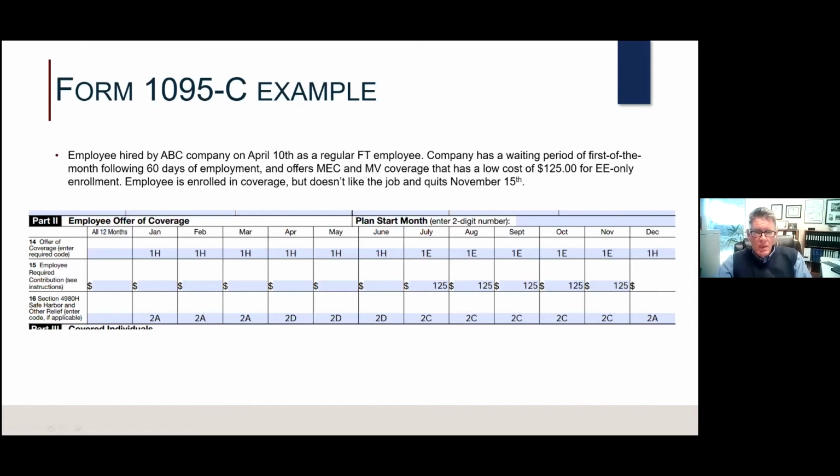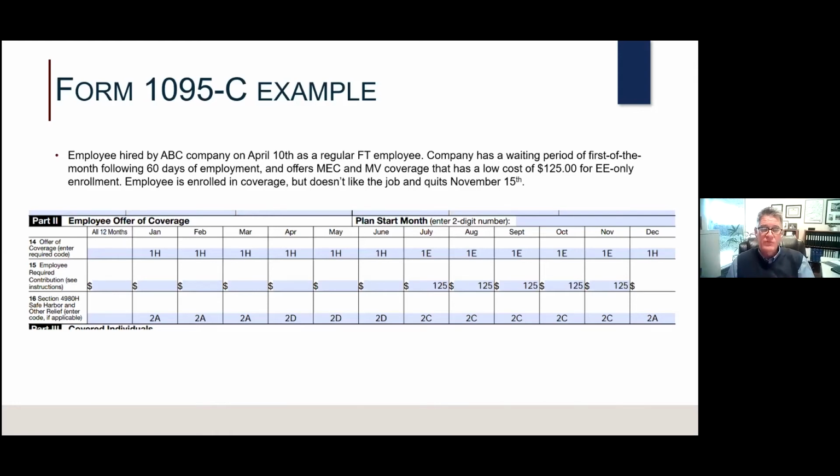So starting in January, we see that there's no offer of coverage, and the reason is code 2A, which means the person's not employed. I do get asked often, if an employee only started working for us mid-year, do we have to code the rest of the form that the employee did not work for us?